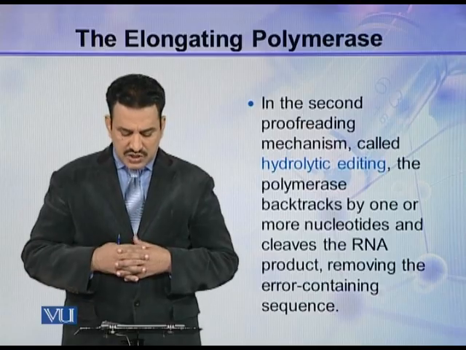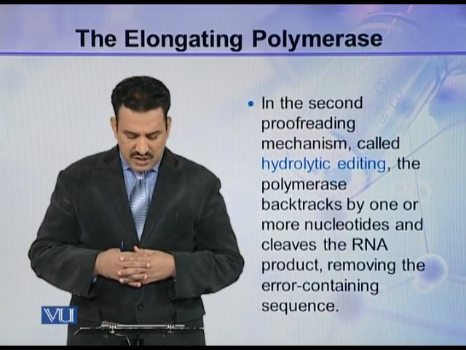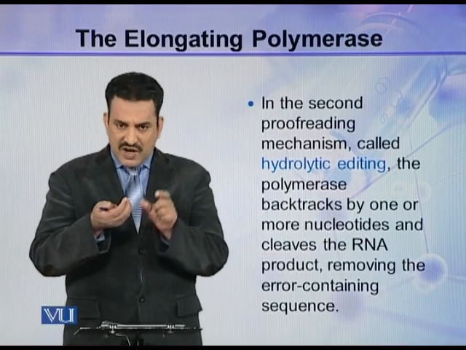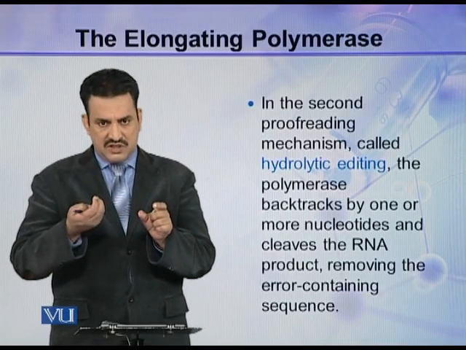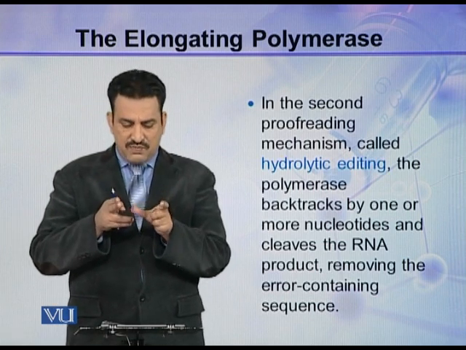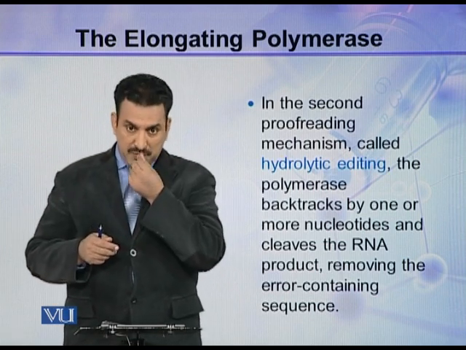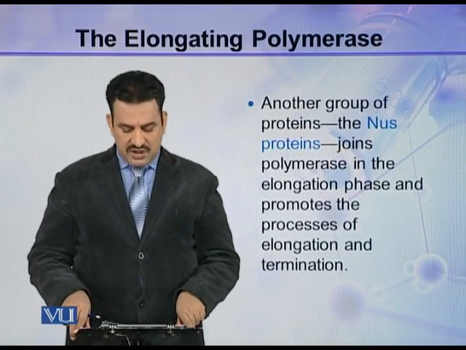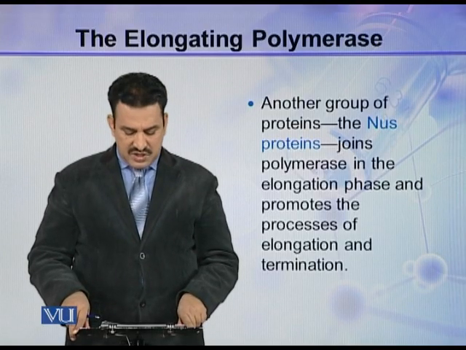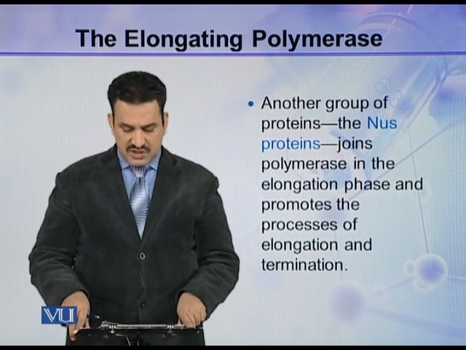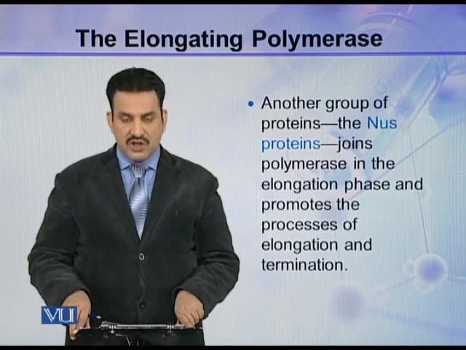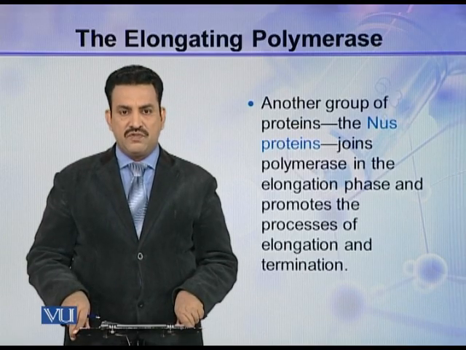So in this mechanism, the RNA polymerase backtracks not only for one base but for a few bases, and then it cuts that product and removes the misincorporated sequence. Another group of proteins, which is called the NUS proteins, joins polymerase in the elongation phase and promotes the process of elongation and termination of transcription.